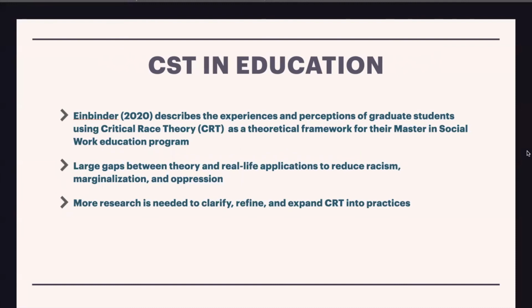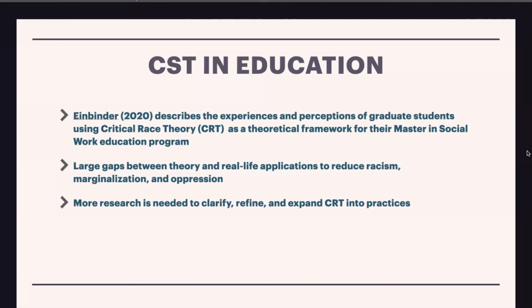So this described the experiences and perceptions of graduate students using critical race theory as a theoretical framework for their master in social work education program. So the students in this program used critical race theory, which is an extension of critical social theory, and applied it as a theoretical framework in their study.